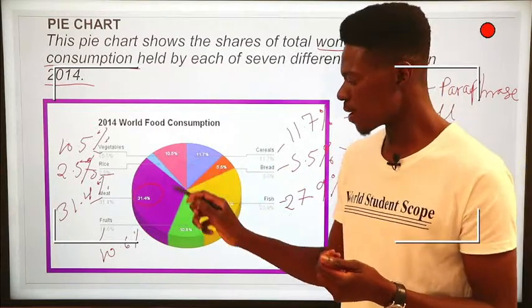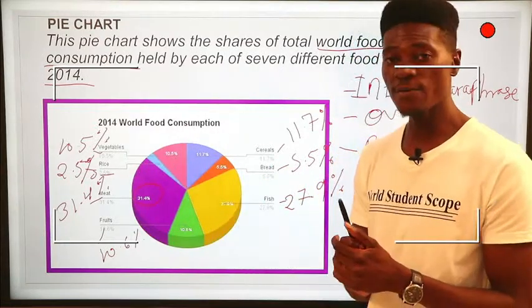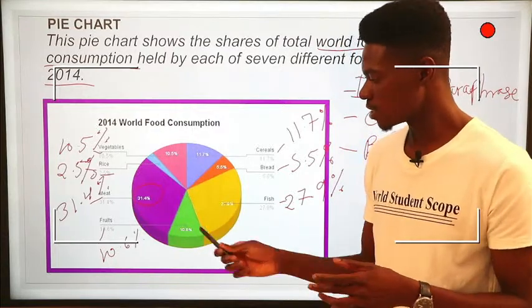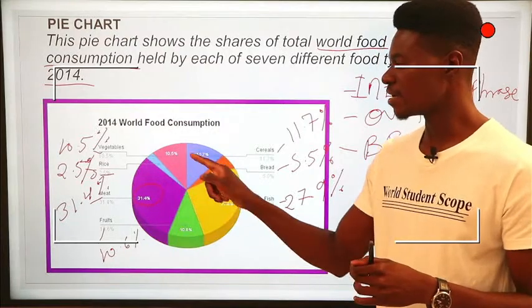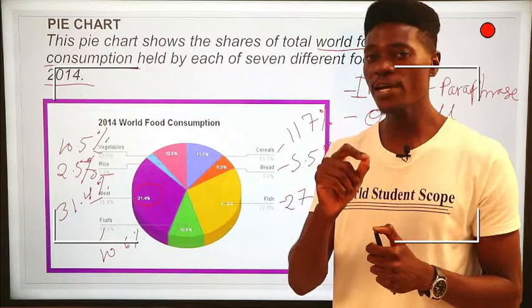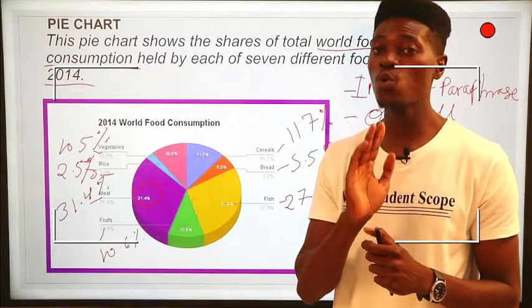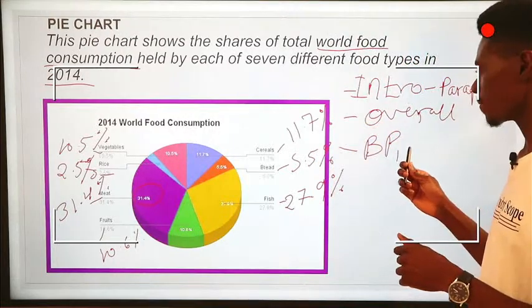If you check it out, we can find vegetable 10.5, fruits 10.6. That means there's a difference of only 0.1%. So that one, try to write in your BP1.